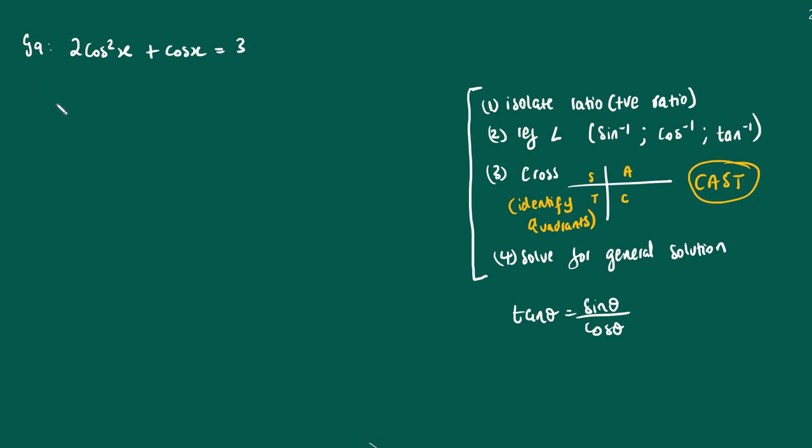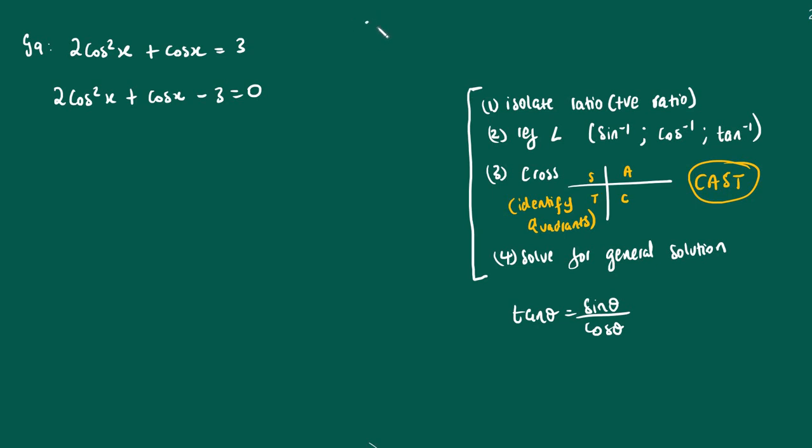Now when you solve this, you're going to have 2 cos squared x plus cos x minus 3 is equal to 0. Now when you check it, it's 3 terms now: 1, 2, 3. Because it's 3 terms, that tells you that you have to deal with a trinomial. So you have to find the factors.